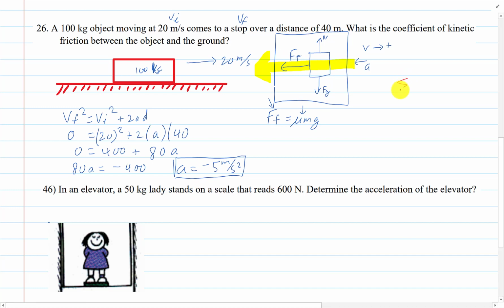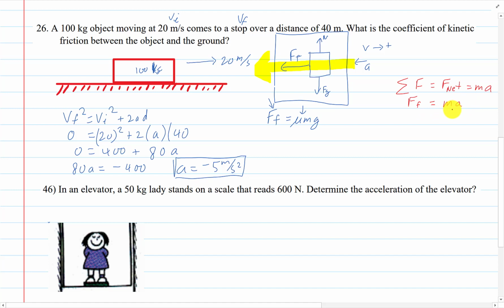So we need to write down Newton's second law. Sum of the forces is equal to F net equals ma. That's Newton's second law. So the only force is force of friction, and that is equal to ma.